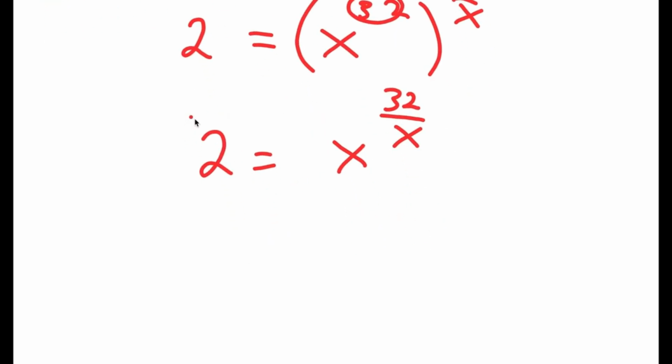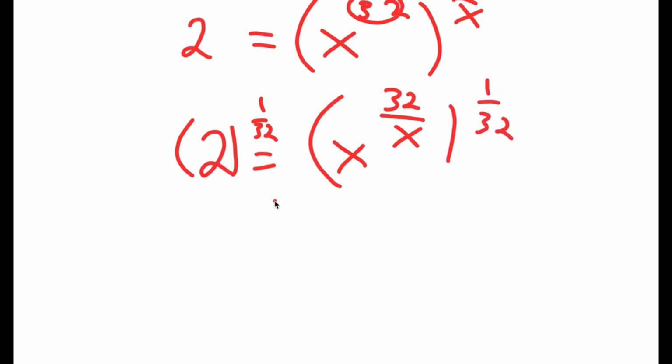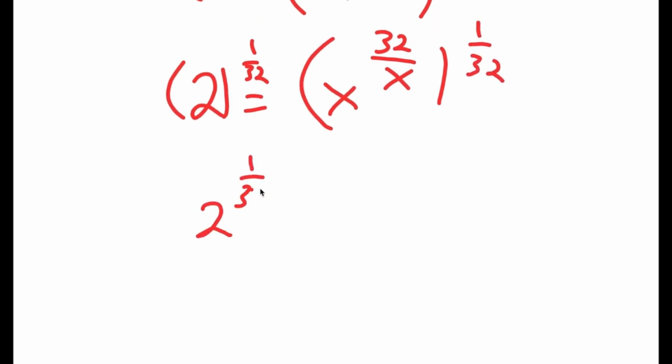From here, I'm going to take the power of 1 over 32 on both sides. So I get 2 to the power of 1 over 32 is equal to, these two cancel out, x to the power of 1 over x.